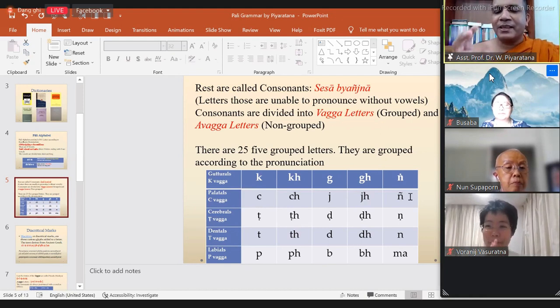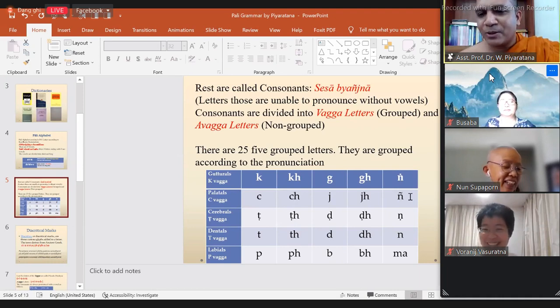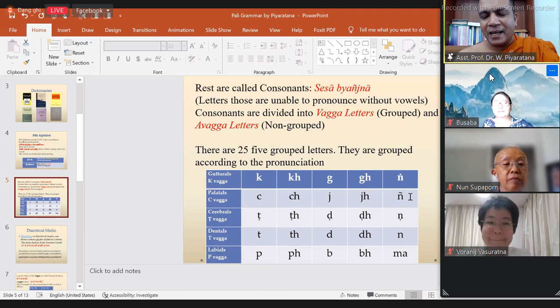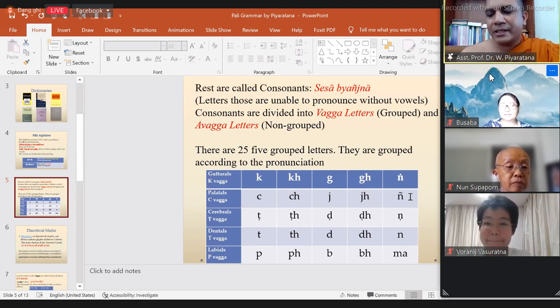Here I just want to say that in Pali there are 2 terms for nose. One is called nasa. Remember, not NASA in America. Nasa means nose. We call these 5 letters nasikya because when you pronounce them, the sound comes from the nose.